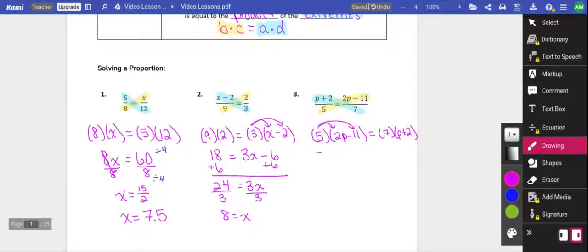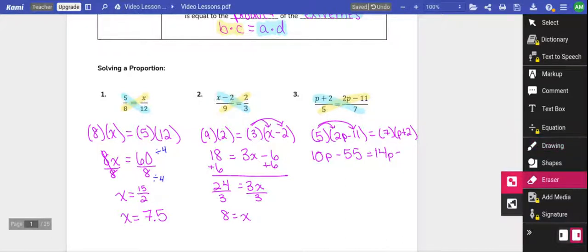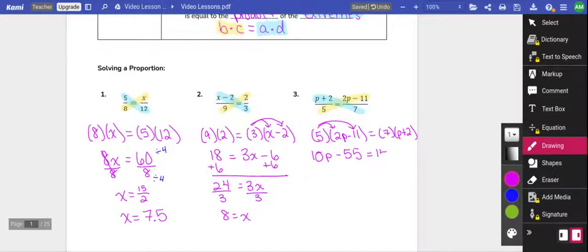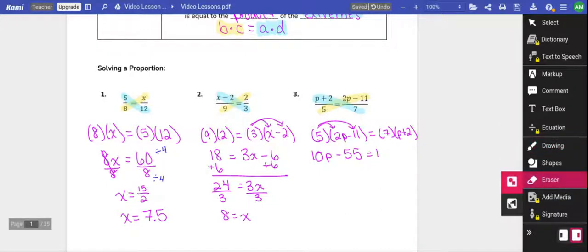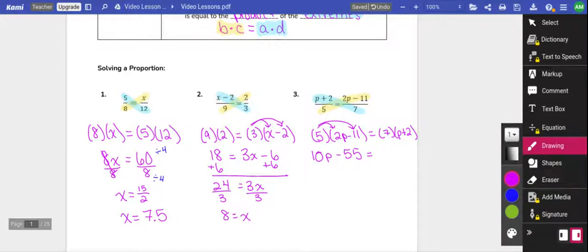Again, I'm going to need to distribute. 5 times 2p is 10p minus 55. And 7 times p plus 2 is 7p plus 14. My hands are getting ahead of my head. There we go.